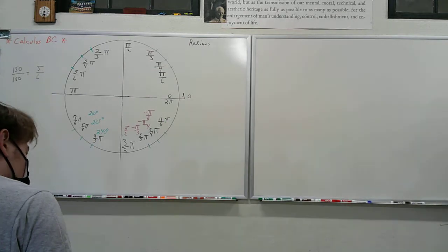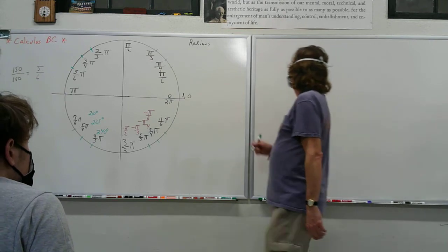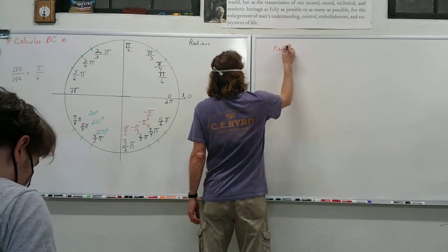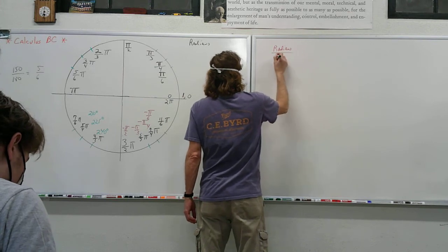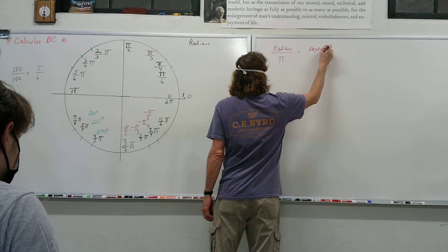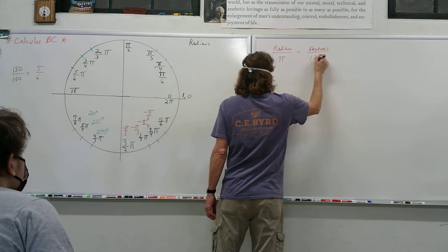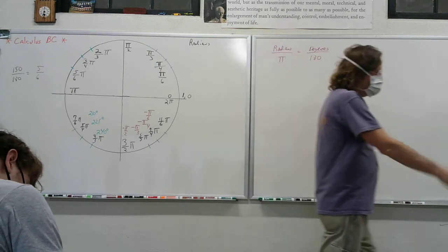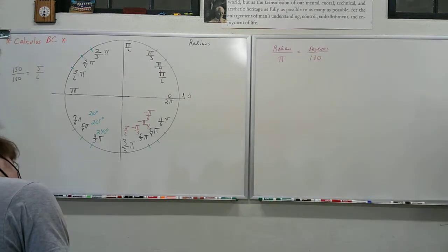All right. It says convert the degree measure to radians. Okay. Radians to pi equal to degrees to 180. Now let's say I wanted you to find out what 80 degrees was in radians. I'm going to pick one that's not on the circle here.